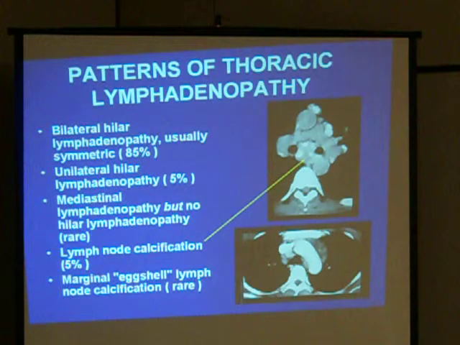Okay, so here are the lymph nodes, bilateral, usually symmetric, 85% of the time. 5% unilateral. Now, why am I making such an important point of this? If you see a patient coming in, right age group, 20 to 40, give or take a few years, bilateral symmetrical hilar adenopathy, no symptoms, pat them on the back, tell them they likely have sarcoidosis.